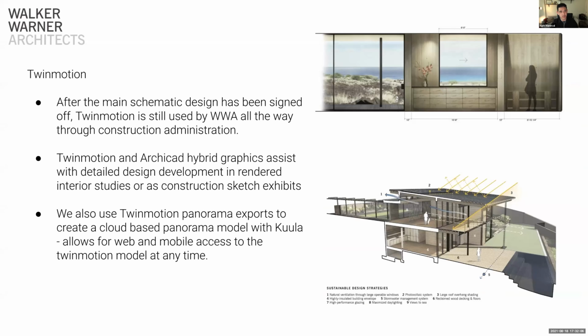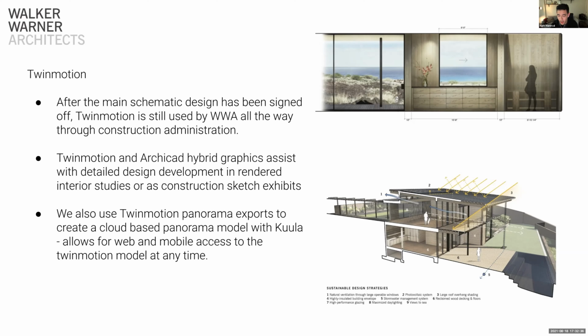And even after the main schematic design has been signed off, and the majority of client design presentations are over, and now you're just trying to hunker down and finish the rest of the design and documentation process for the building, at Walker Warner we still use Twinmotion all the way through construction administration and even afterwards for marketing. Something that we do here is a lot of Twinmotion and Archicad hybrid line work and rendered graphics, which again bring a new level of understanding to these sorts of interior design studies.